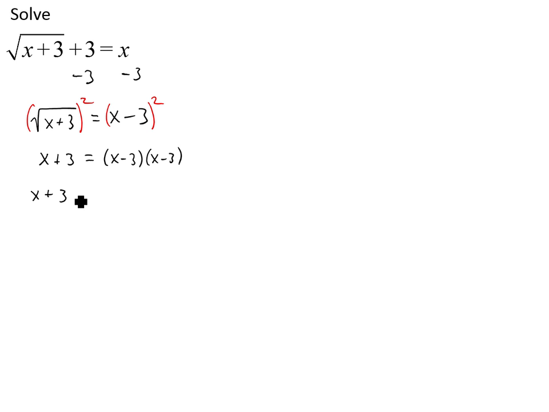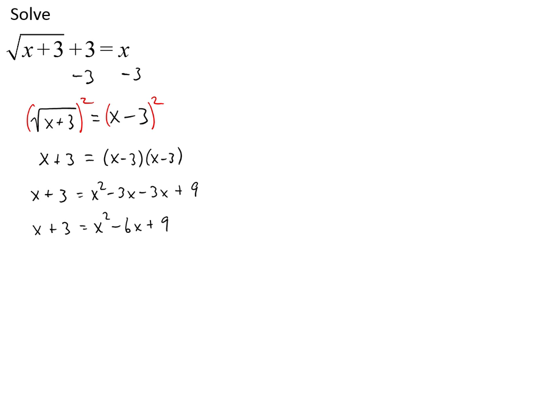So we get x squared minus 3x minus 3x plus 9. So again, still working on the right side there, that gives us x squared minus 6x plus 9. Now we see that we have this x squared term, so this is a quadratic equation.